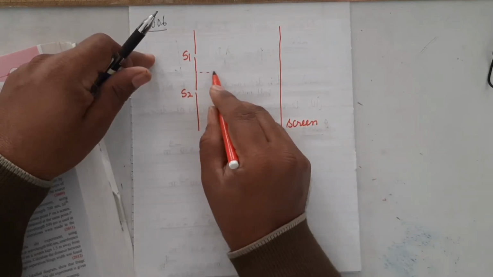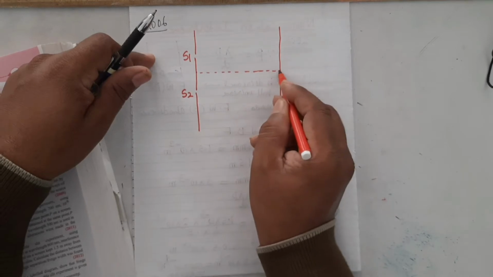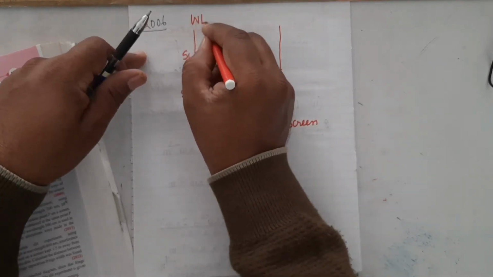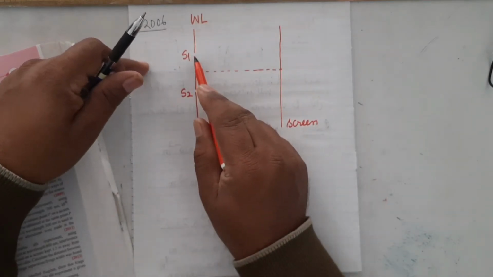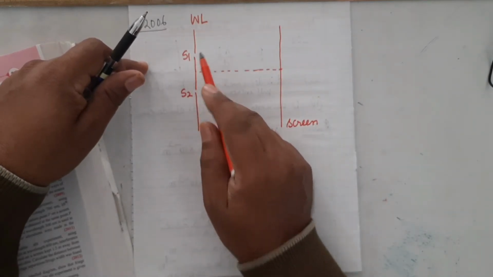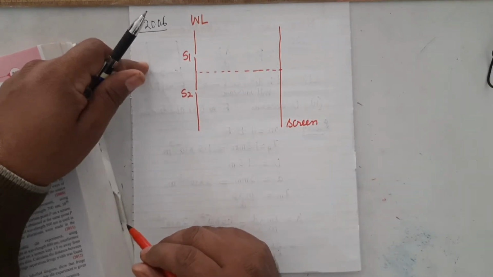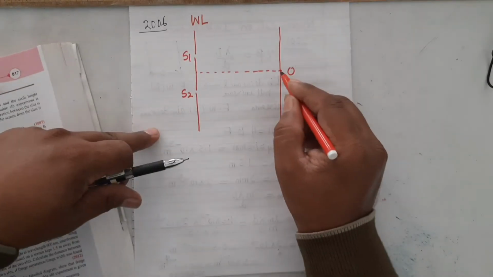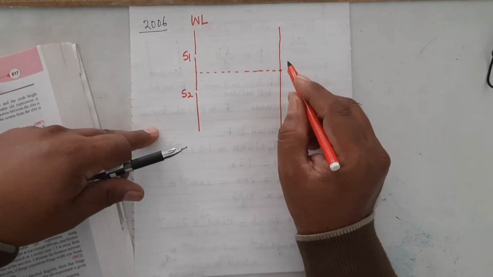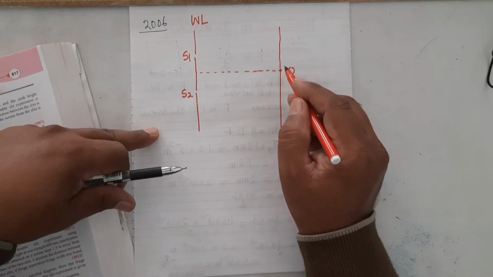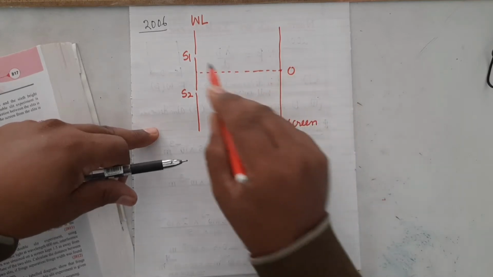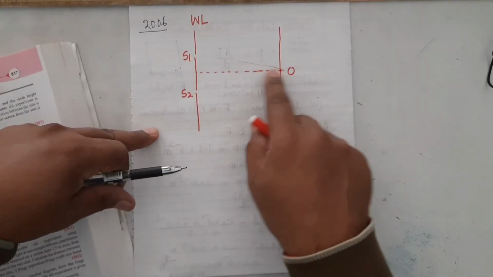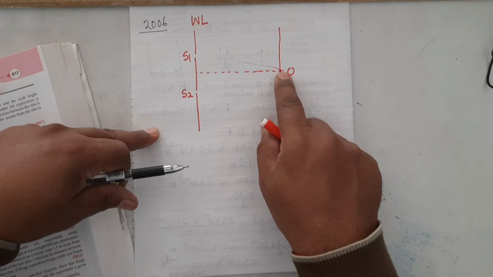Now you can see here, when it is illuminated by a white light source, what will happen? It will start emitting secondary waves of all the colors. And when these waves reach point O, they will meet here in the same phase, whether it is red color or violet color or indigo color. When red color waves superpose, they will produce a red color fringe.